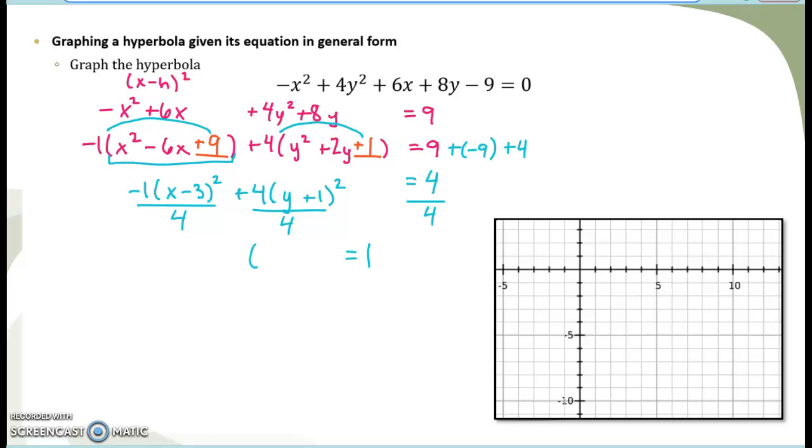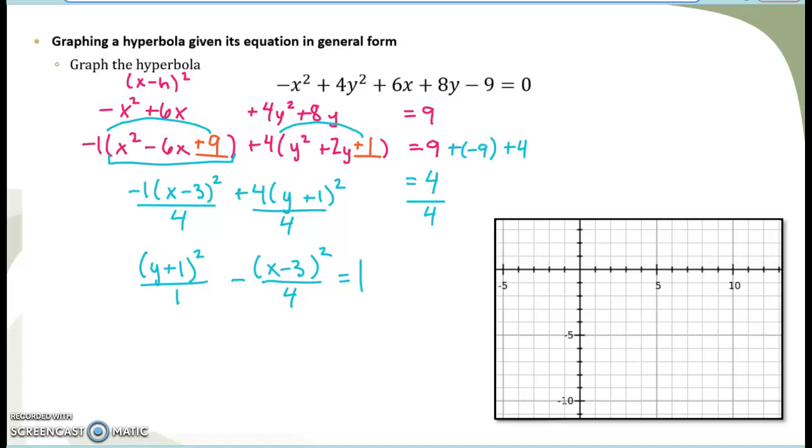And then I'll have y. Actually, I'm going to rearrange this. I want the positive fraction first, just so it looks like what I've seen before. I get y plus 1 squared over 1 minus x minus 3 squared over 4, all equals 1. And I'm going to go ahead and rewrite that equals 1 so it's better lined up here.